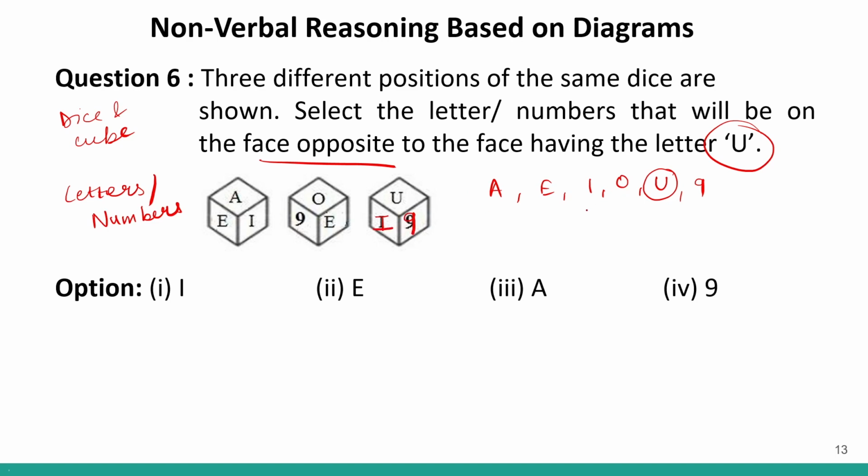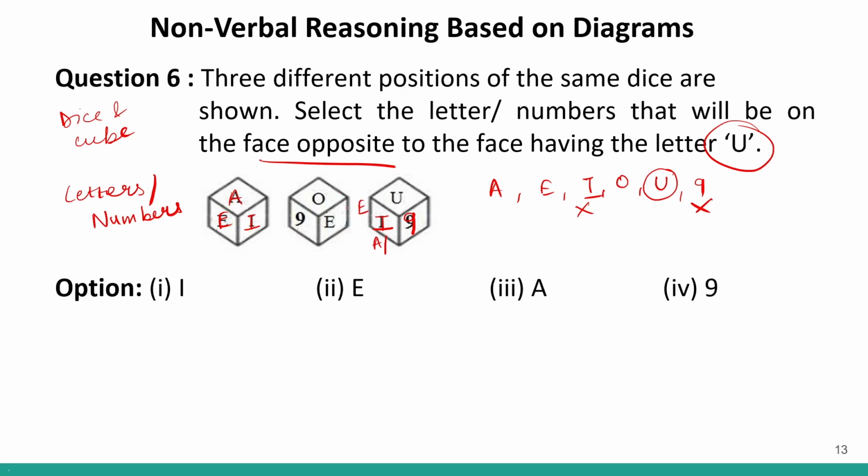They are adjacent to U, so they cannot be opposite to U. Correct? Now, if I look at U, over here we have A, E and I. So I has 2 adjacent things, A and E as adjacent. So if I has 2 adjacent things, either A will be here or E will be here.